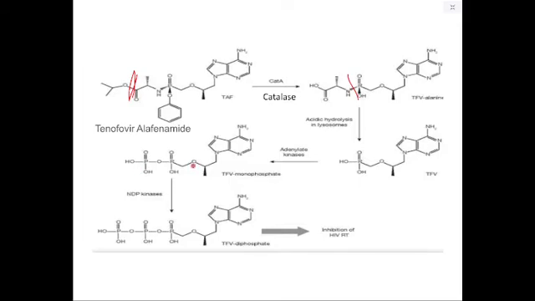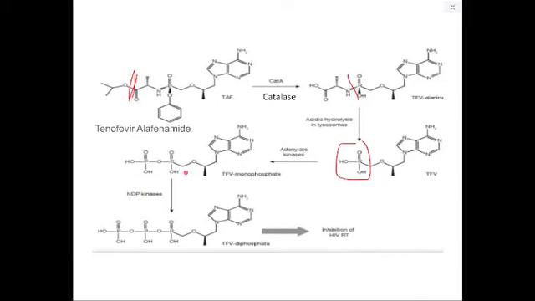We are calling it monophosphate, although it has two phosphates, because one of the phosphates is part of the structure of the tenofovir. And then that goes to nucleotide diphosphate kinase.